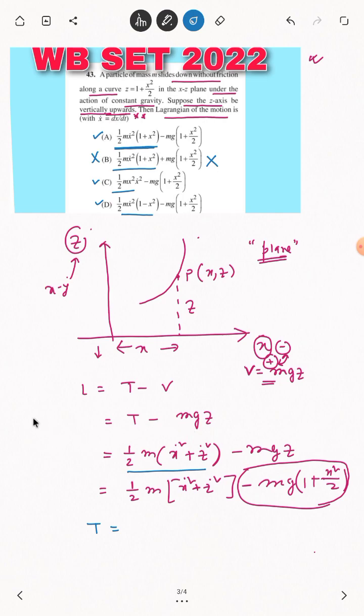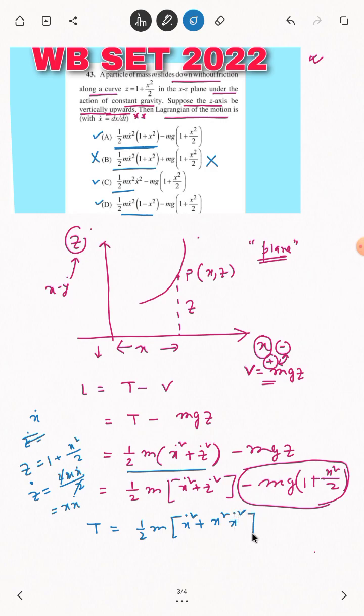As I have said, x dot is given, just calculate z dot. In fact z equals 1 plus x square by 2, so z dot equals 2x x dot by 2, the 2 will be eliminated, so this will clearly be x x dot.